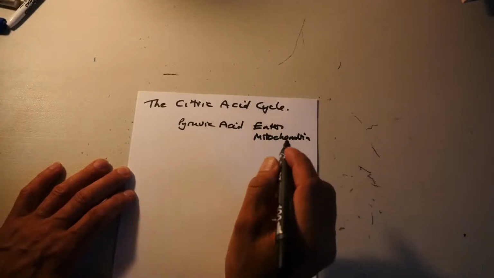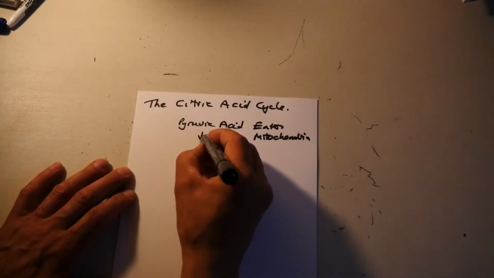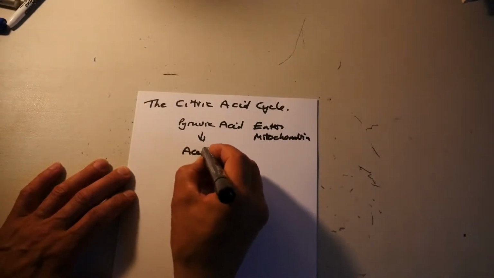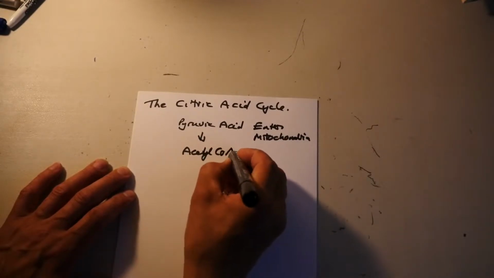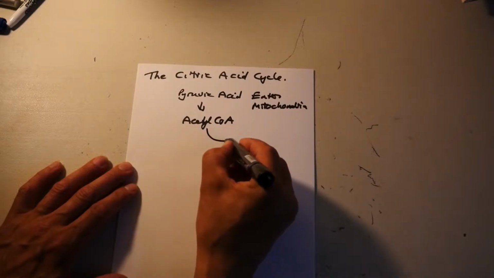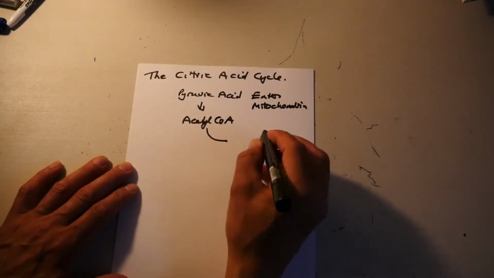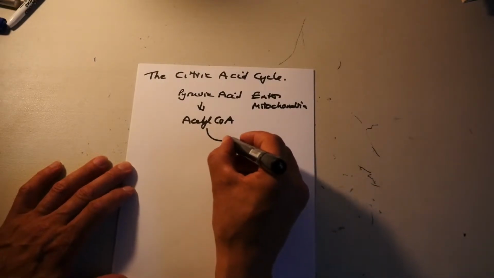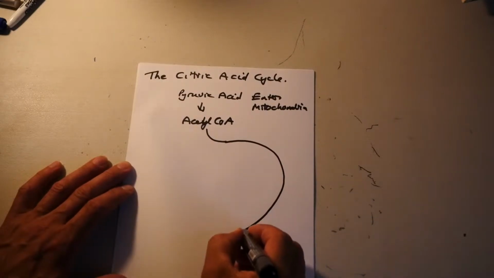In mammals and animals, that converts to acetyl-CoA. And then it goes around the cycle.